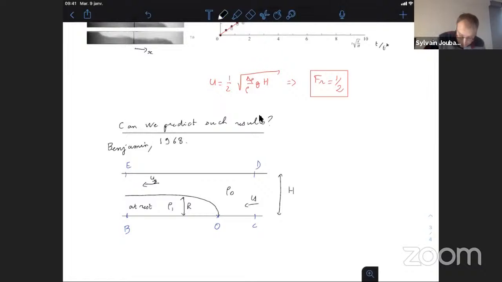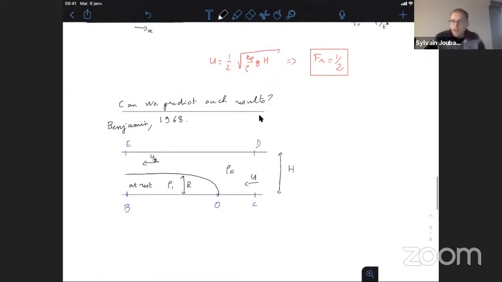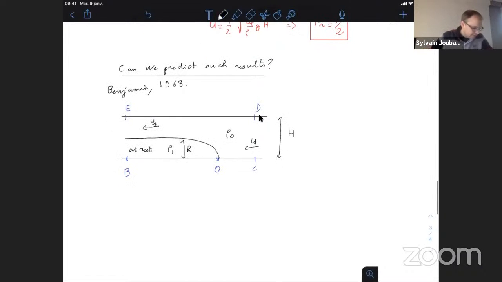And to make the analysis, this is a very classical problem in fluid mechanics. You will use conservation. You will use first mass conservation. Mass conservation is an easy equation: uH equals u1 times large H minus small h.